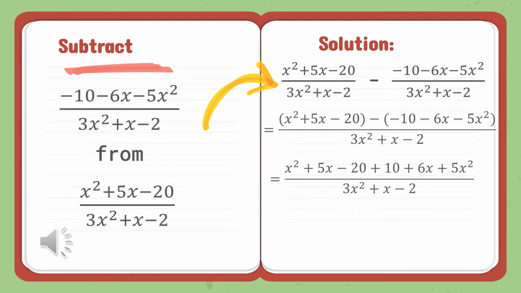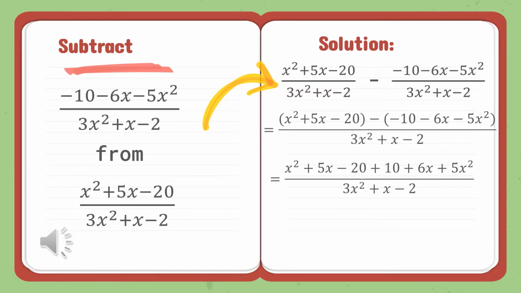In grouping together, we have the quantity of x squared plus 5x minus 20 minus the quantity of negative 10 minus 6x minus 5x squared, that is our numerator, over 3x squared plus x minus 2.